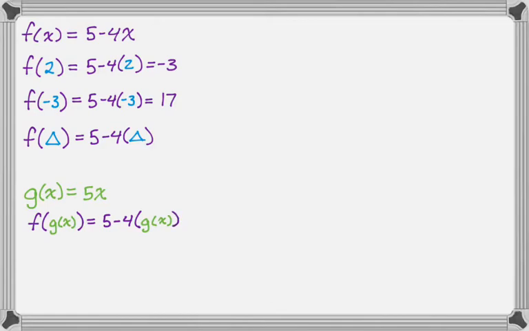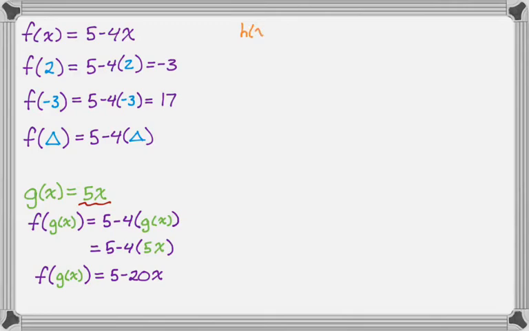But g of x is really just 5x. It's another name for 5x. So that would be 5 minus 4 times 5x, and that would simplify down to 5 minus 20x. Okay, so that's actually a composition of functions. We took one function and plugged it into another function. That's essentially all you're doing.